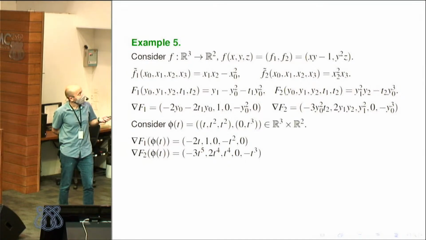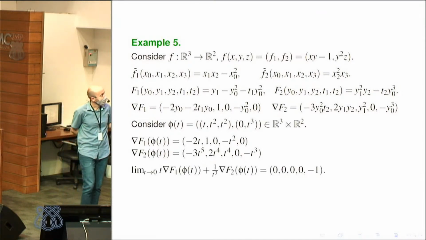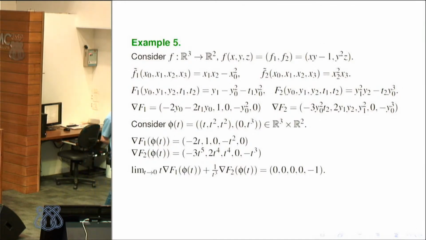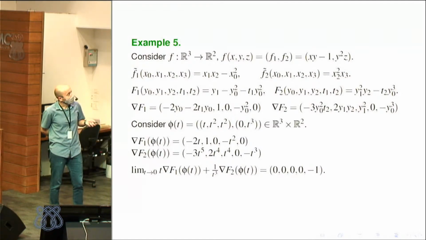Then the gradient when applying the curve phi is like that here, and the combination of this vector we can take t and 1 over t cubed. Then the limit converges to a vector as follows.